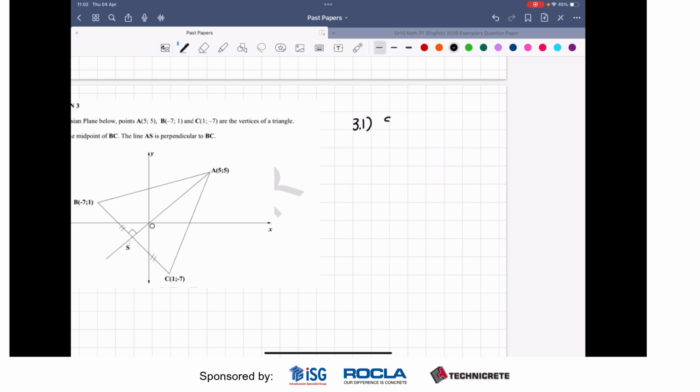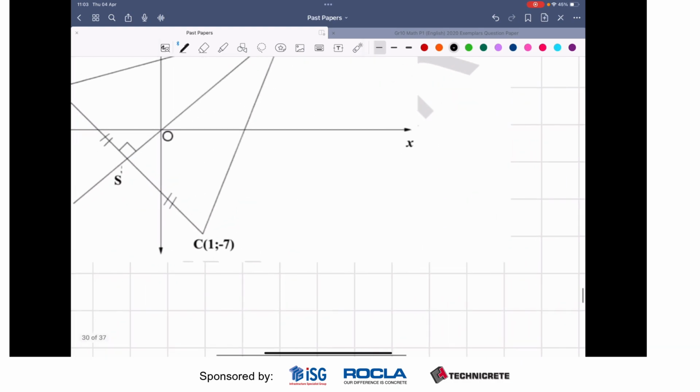So I know that S is going to be the point where xB plus xC is divided by 2 and yB plus yC is divided by 2, and -7 plus 1 is -6 divided by 2 is -3, and then 1 minus 7 is -6 divided by 2 is also -3, and I can fill this in on my diagram.